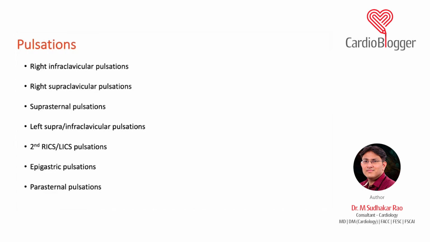Now next important are the right and left second intercostal space pulsations. First, coming to the right second intercostal space pulsation, as I already discussed, we see it usually in patients with ascending aortic aneurysms, and that is the most important condition where we get the right second intercostal space pulsation. Also, we should know that the ascending aortic aneurysm can be diagnosed clinically.